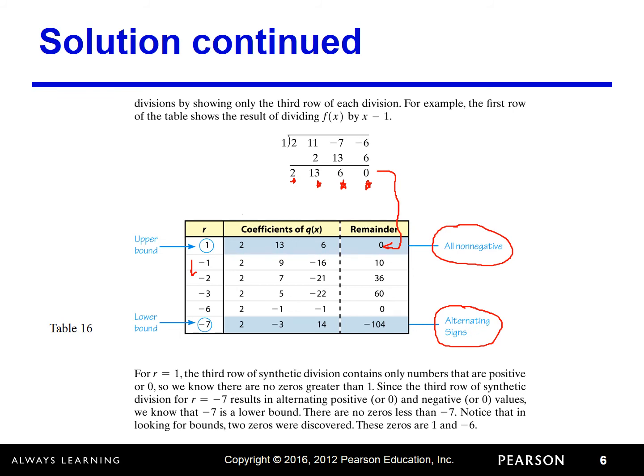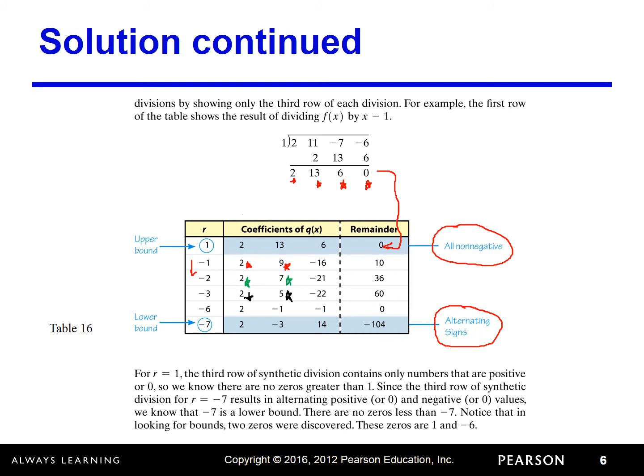So when we tried -1, we had non-negative and another non-negative. So that's not alternating. Then the next time we have the same thing, a non-negative number 2 and another non-negative number 7. So that's not going to be alternating the way that is required. Same thing happens again.